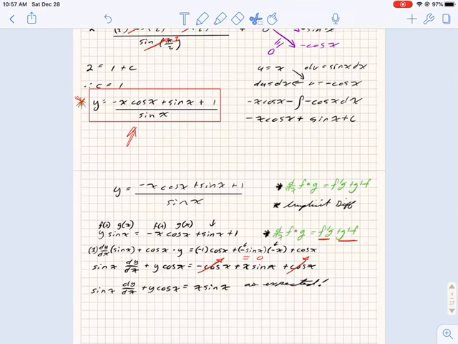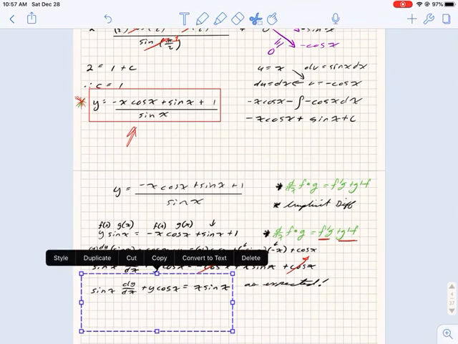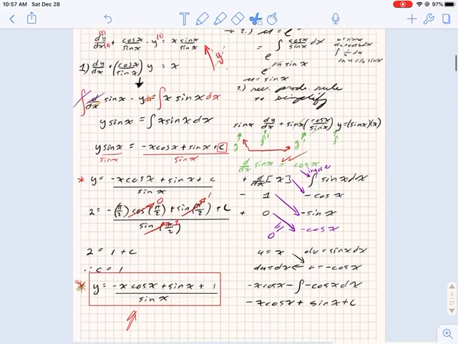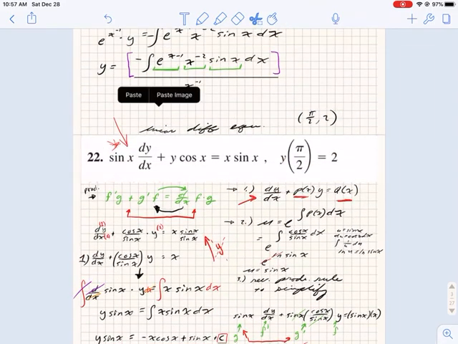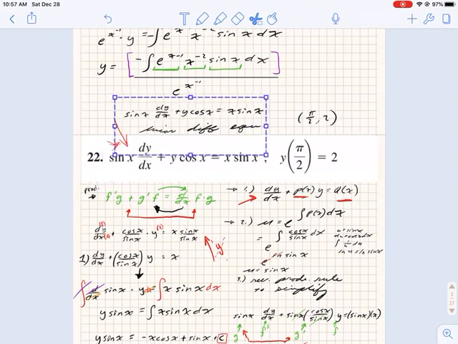So what that means is that we did solve the linear differential equation correctly, because if you notice, when we take the derivative of our solution, we obtain the original differential equation.